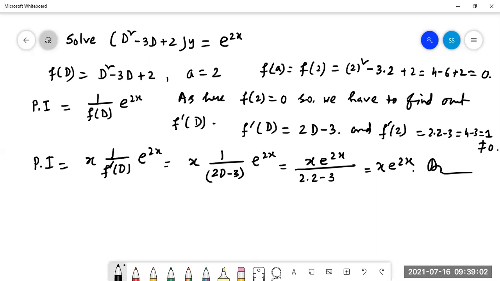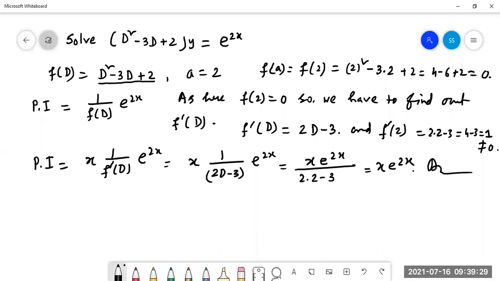Sir, please repeat once, the 2D that came here, I did not understand. This is the first order derivative of this square, the derivative with respect to capital D. What is the derivative of this one with respect to capital D? 2D minus 3, no? Hello? Derivative of this one with respect to capital D, that is 2D minus 3. The 2 will give 0.